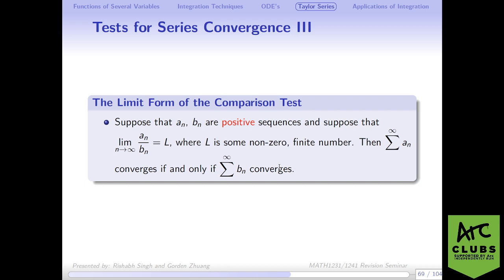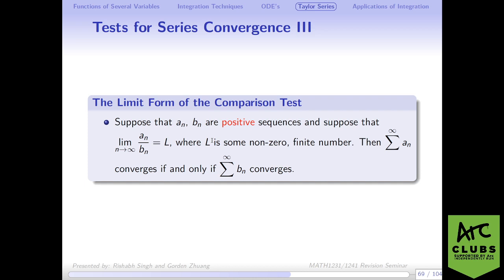This is for the higher students, which is the limit form of the comparison test. Suppose we have two positive sequences. Note that many of these tests require positive sequences, and this is one of them.